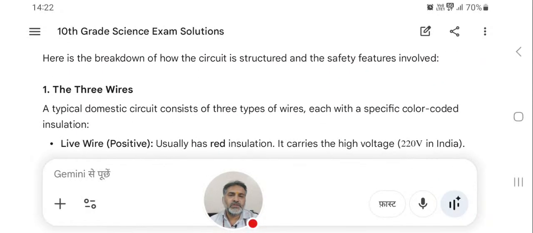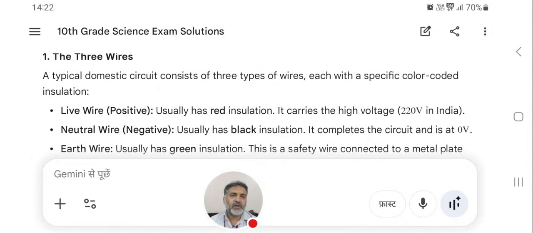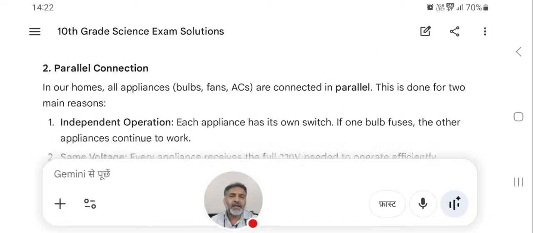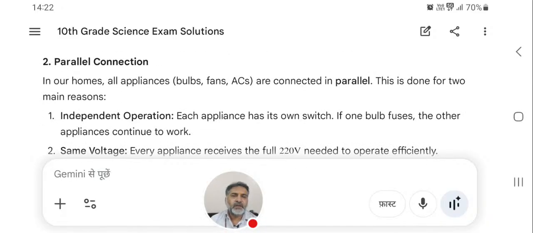So the three wires: the live wire, positive, usually red, carries high voltage, 220 volt in India. Neutral wire, negative, usually black insulation, it completes the circuit, at 0 volt. And the earthing wire usually has green insulation; that is a safety wire connected to a metal plate deep in the earth. Parallel connection: in homes, all appliances are connected in parallel.